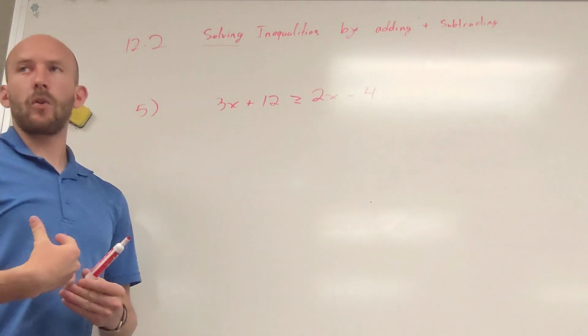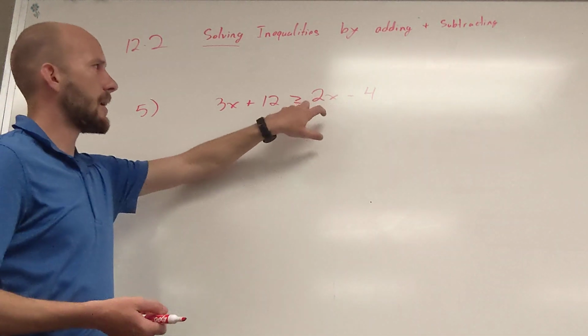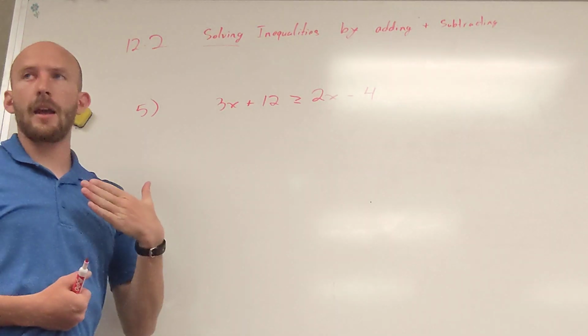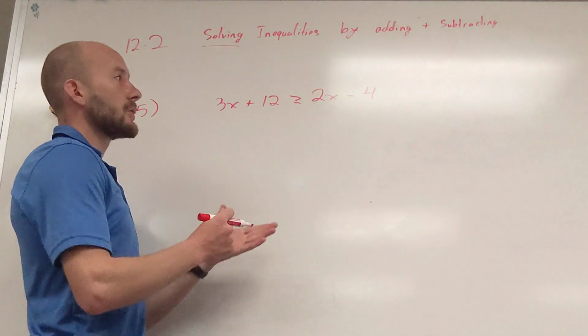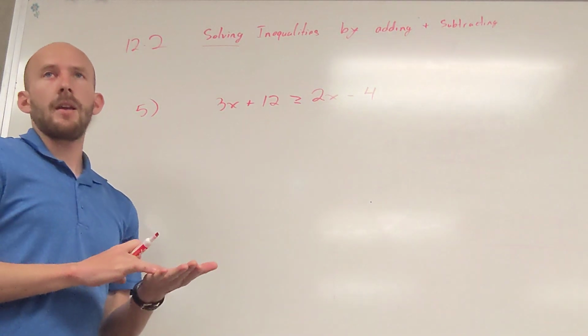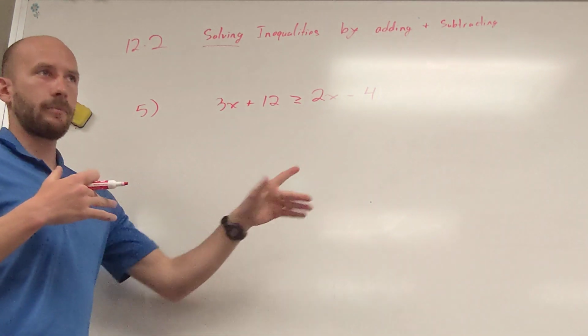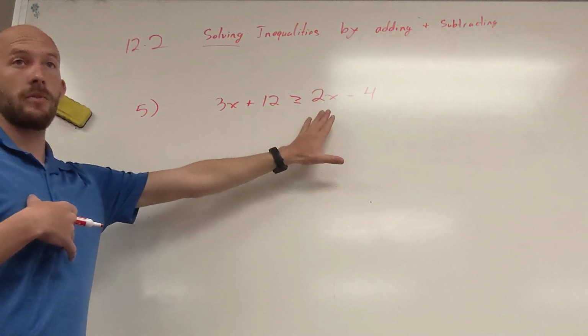The very, very first thing that I would do before doing anything with the numbers, the 12 or the -4, is get the x's on the same side. Get the x by itself. So typically, I want to subtract the smaller one. That way I get a positive number.